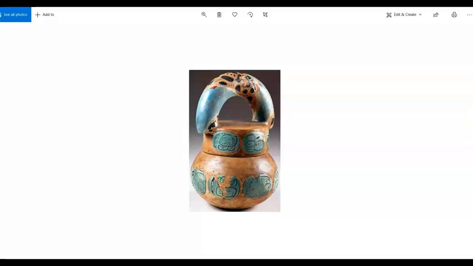Anyway, when I first saw this, it's a Mayan chocolate bowl, which I find everything about it to be wonderfully delightful. And yet, when I look at it as somebody who makes pots and works with clay, I think, oh my goodness, that handle is outrageous. We would never put a handle that big on there.